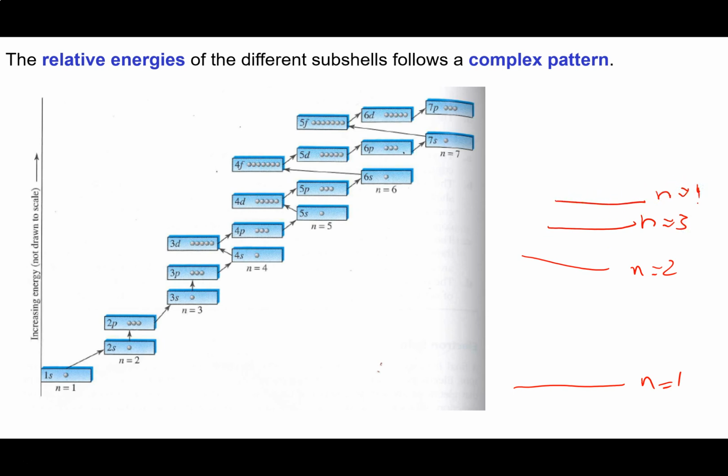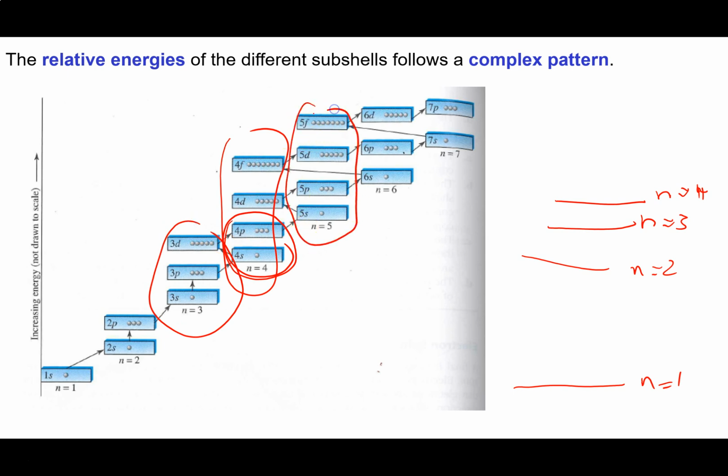The difficulty is that as we go to higher and higher shells, they get bunched up, and all of these subshells start overlapping. Some of the subshells in the fourth shell overlap with some of those in the third, and when we get higher up, some of those in the fifth shell overlap with those in the fourth, and it just gets worse and worse the higher we go.